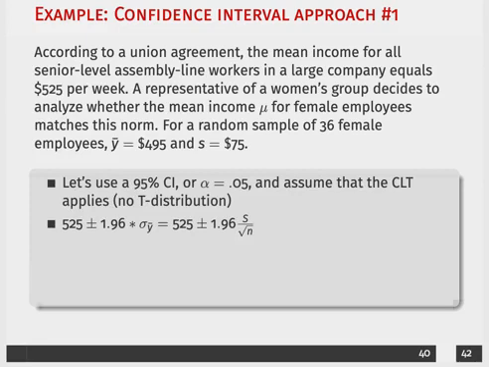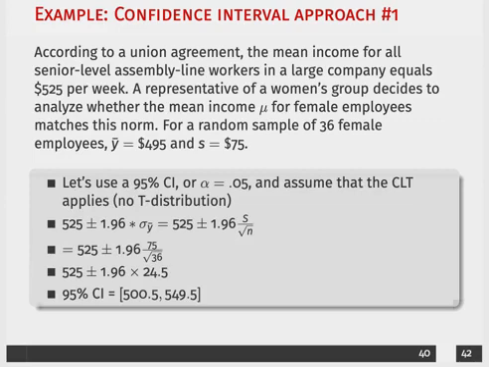We can construct our confidence intervals as such, and we find that our 95% confidence interval around the mean income of senior level assembly line workers is 500 to around 550.